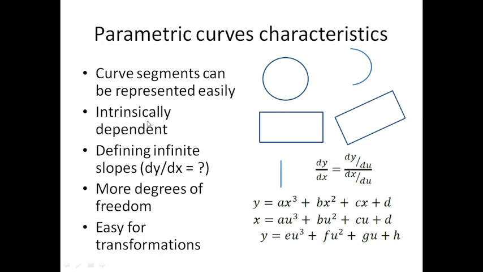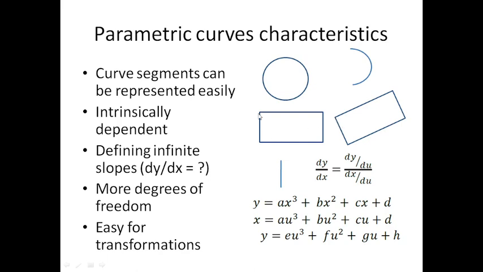The parametric representation is intrinsically dependent. Intrinsically dependent means the relationship between the points within the entity is of focus basically. Suppose you are having a rectangle over here, and you want to change its position or rotate it or locate it at a different location.